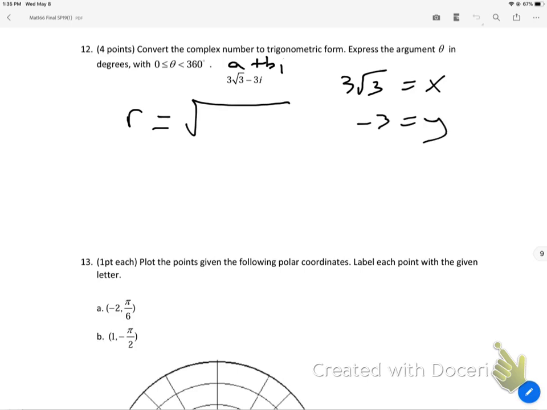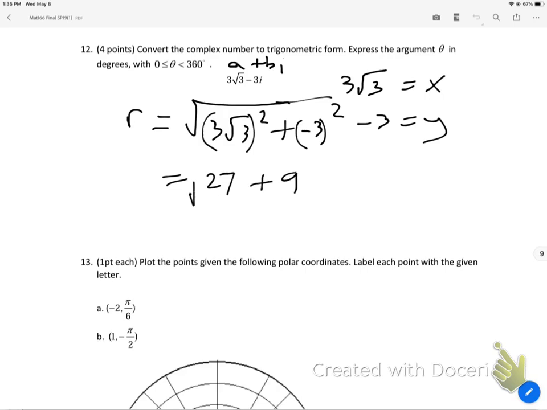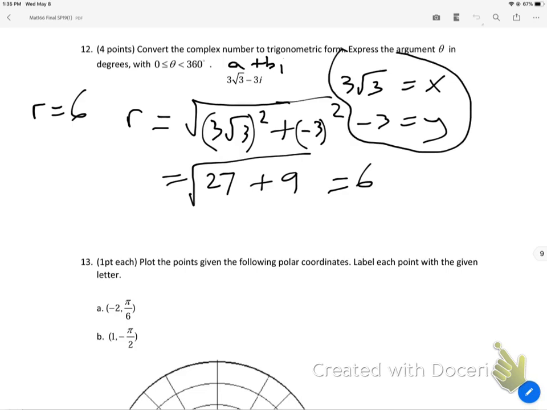So what is 3 root 3 squared plus the negative 3 squared, like doing Pythagoras' theorem. This is 27, this is 9, that's 36, the square root is 6. So we have r equals 6.